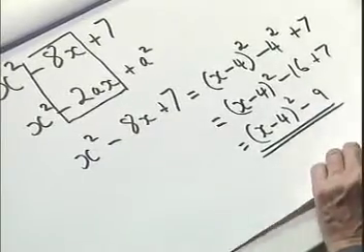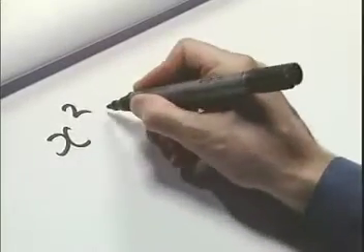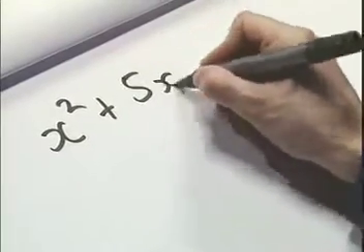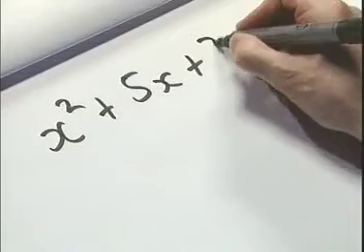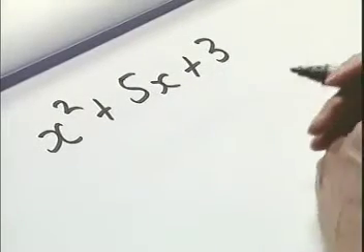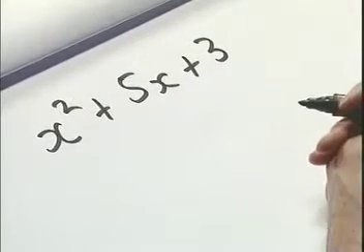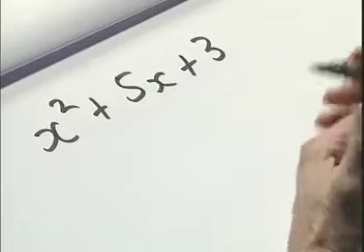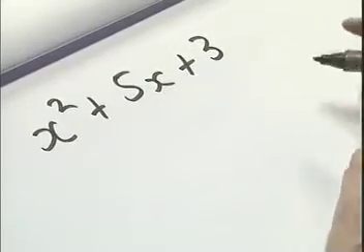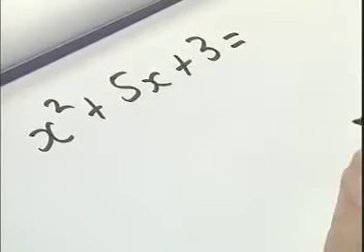Let's take one more example. x squared plus 5x plus 3. And let's see if we can follow this one through without having to write down the comparison. In other words, by doing it by inspection. What do we need?